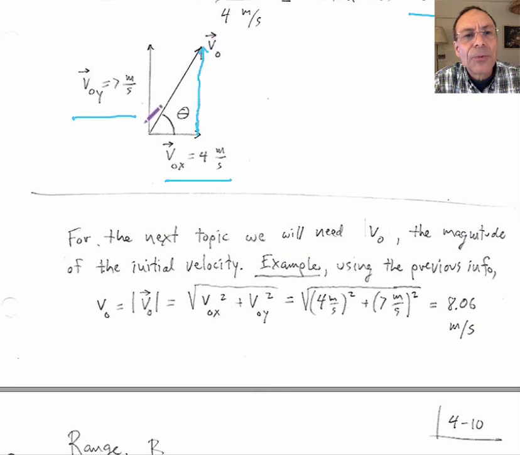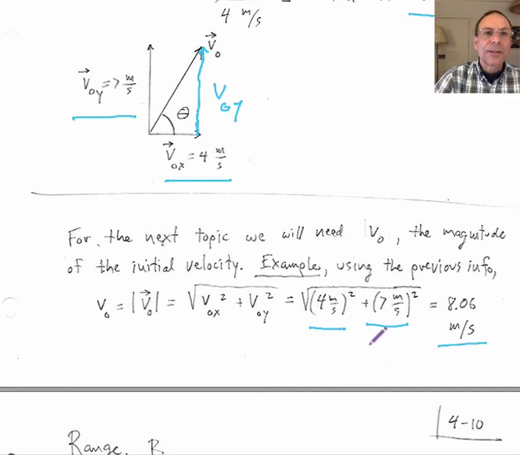I move this vector over to the right so that it is now right here. So this is v0y. And then seeing that it's a right triangle, we use the Pythagorean theorem. And so we find out that the magnitude of v0 is the square root of the x component squared plus the y component squared. And so you get 8.06 meters per second.